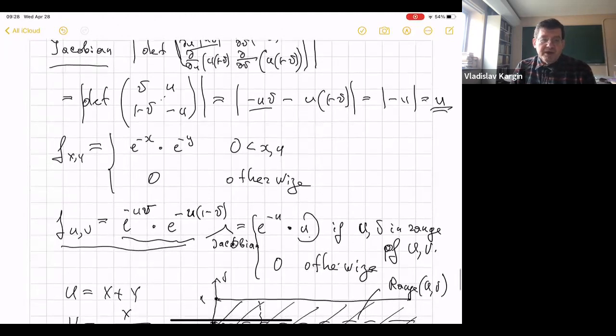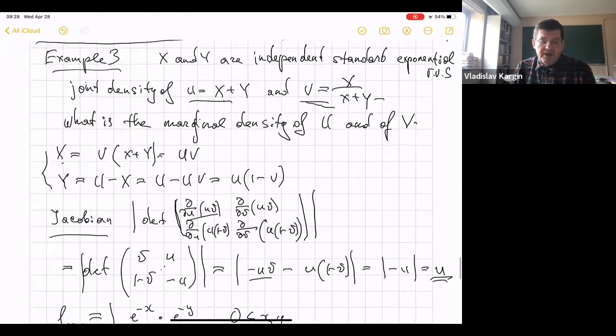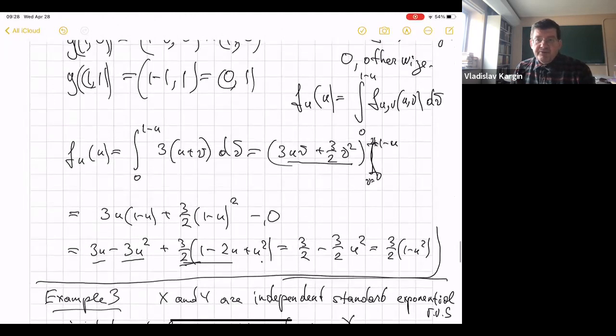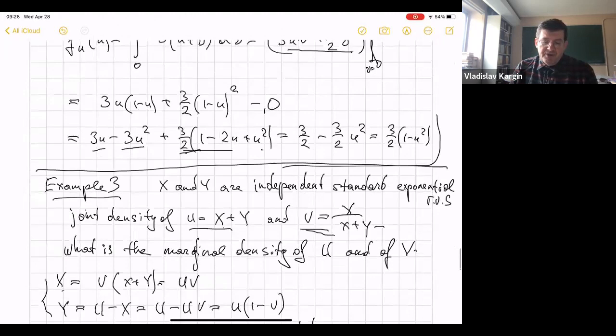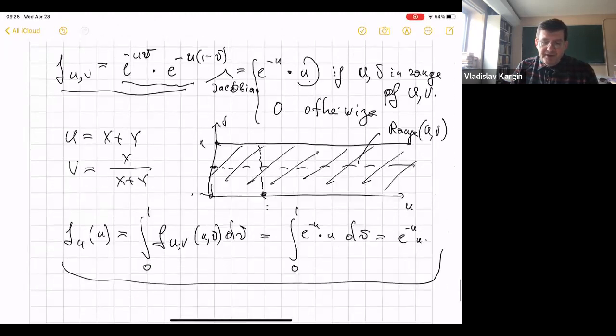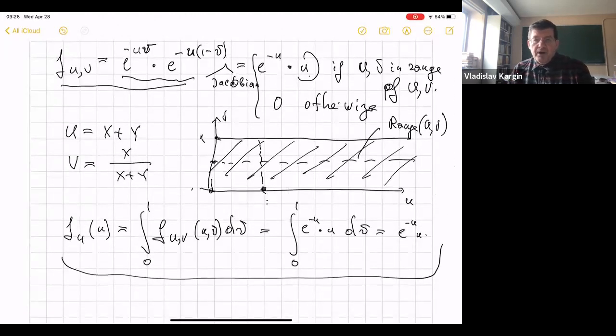All right, so that's it. To summarize, the PDF transformation method is very useful if you have a function, a map, of one random variable. In this case it's very easy to do, and you should know how to do it.